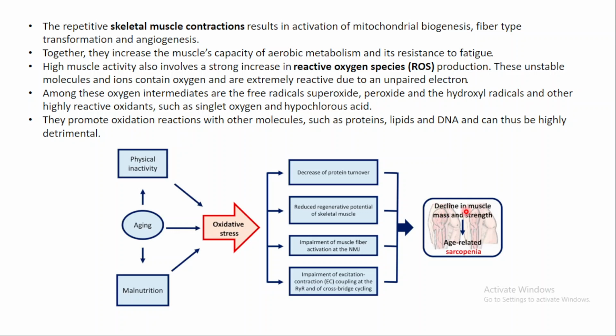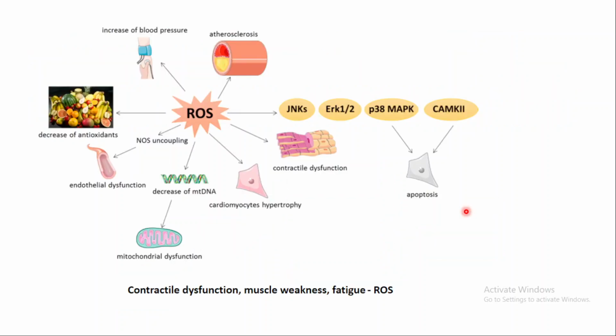So reactive oxygen species or oxidative stress are very harmful, and this is a schematic showing different aspects of contractile dysfunction, muscle weakness, and fatigue. Whenever there is ROS production, there is an increase in blood pressure, an increased chance of atherosclerosis, or blockage of arteries due to cholesterol deposition, and a decrease of antioxidants, since the increased ROS cancels out the concentration of antioxidants present. There is also endothelial dysfunction.